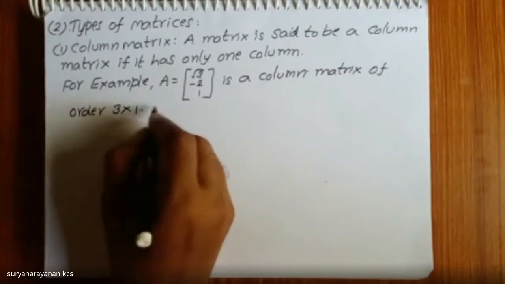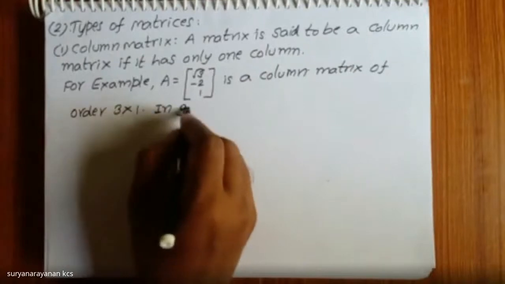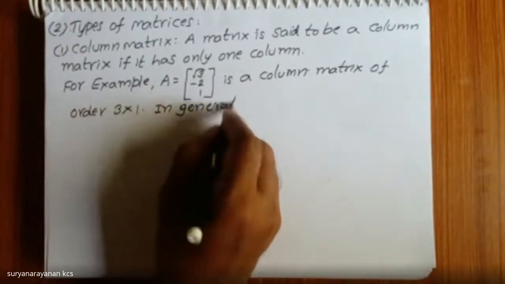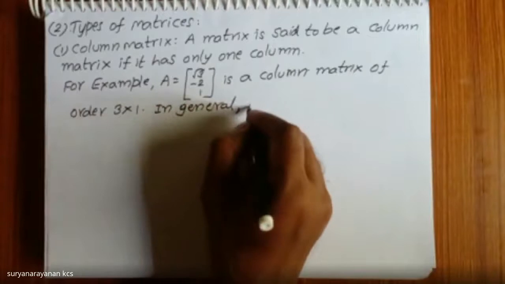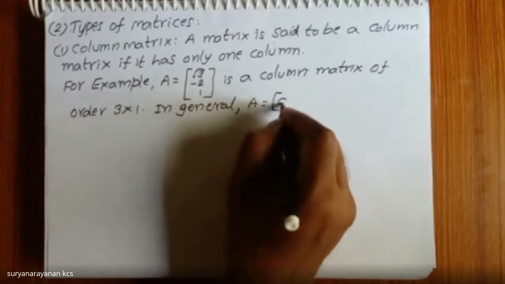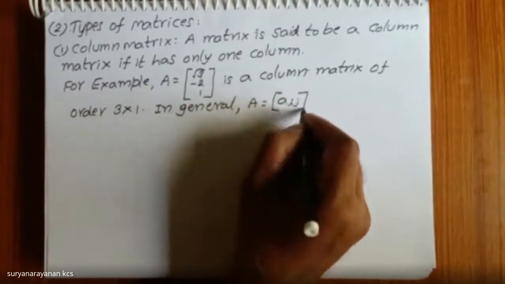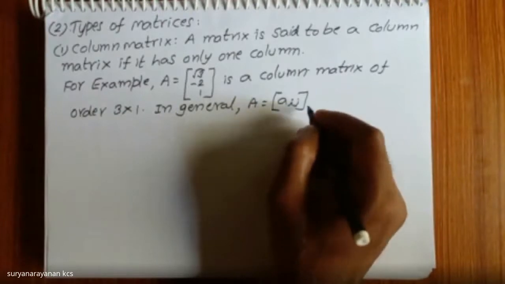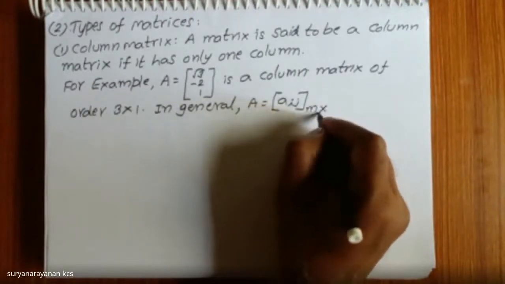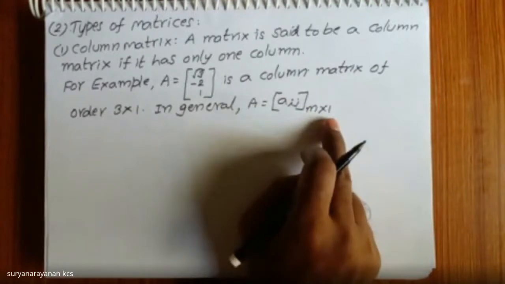In general, A is equal to matrix Aij of order m by 1. Here n value is 1.